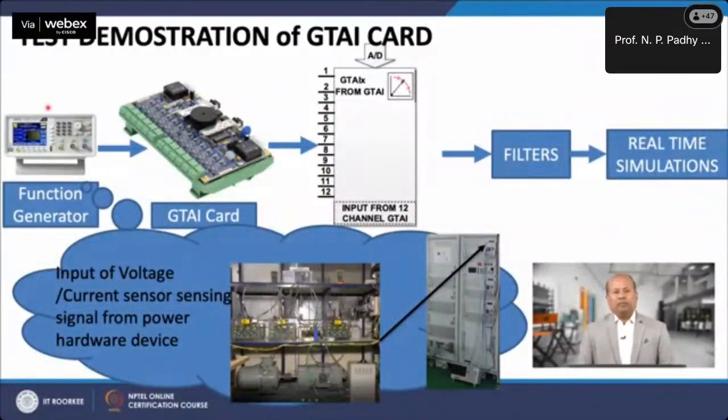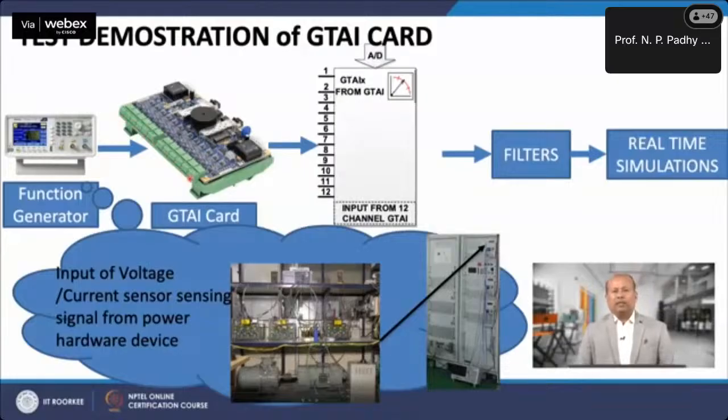In the function generator, we generate AC signal of RMS 3 volt and feed to the GTAI analog to digital converter card. The GTAI card is a 12 channel RTDS hardware component which is mounted in the cubicle.